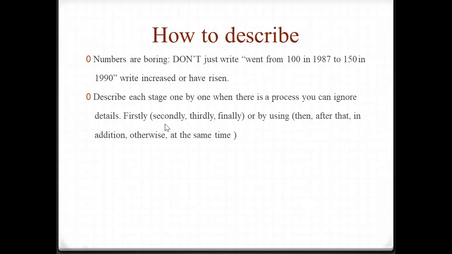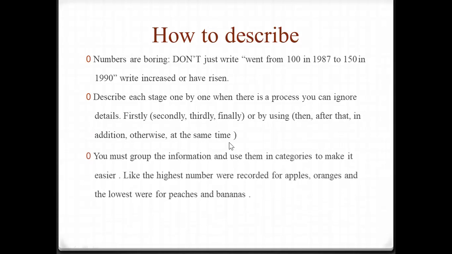You must group the information and use categories to make it easier. Like the highest numbers were recorded for apples and oranges, and the lowest were for peaches and bananas.